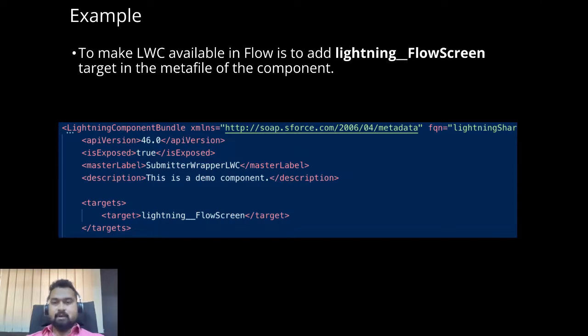Once you've added this target, you will be able to use this component in your flows. When you go to flows, you will see this component available. Otherwise, it will not be, so this is essential. Once you're done with that, that's all you need. You can now use your component on the flow screen.